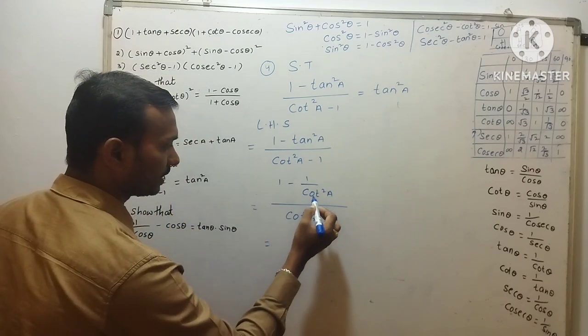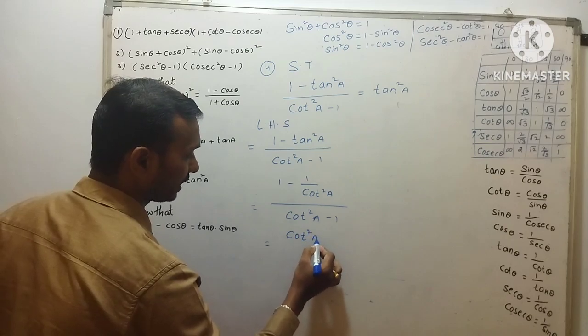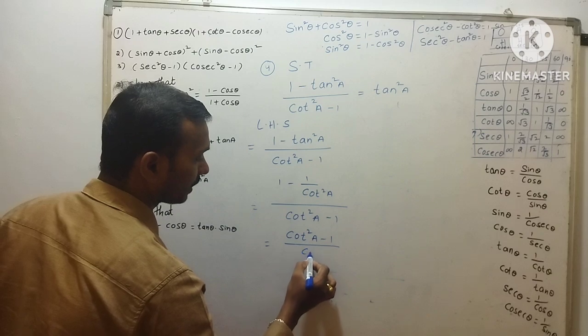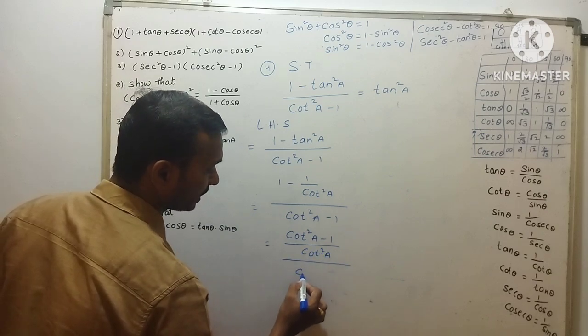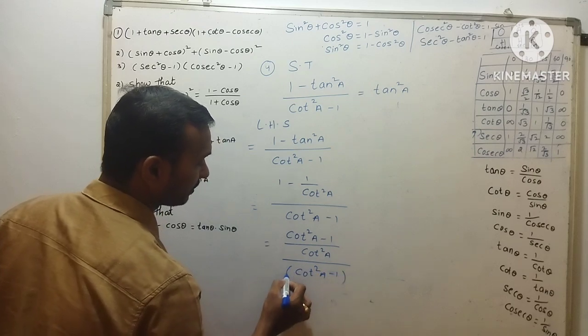Now take the LCM in the numerator part. That will give you cot square A minus 1 by cot square A, and we have cot square A minus 1 in the denominator.